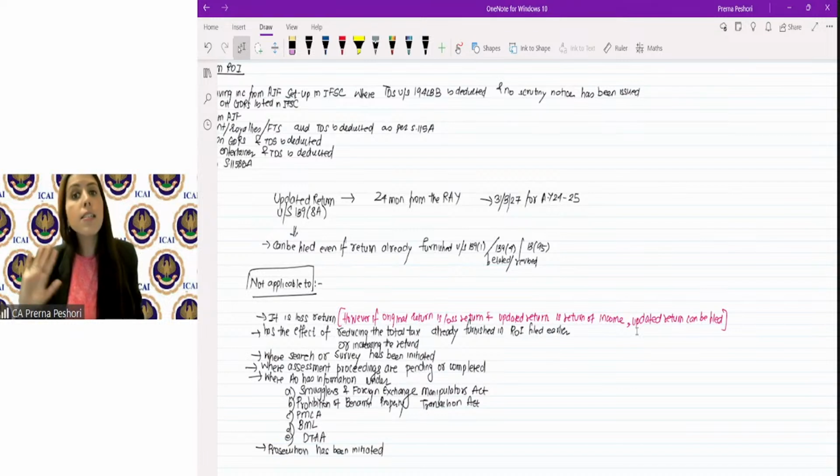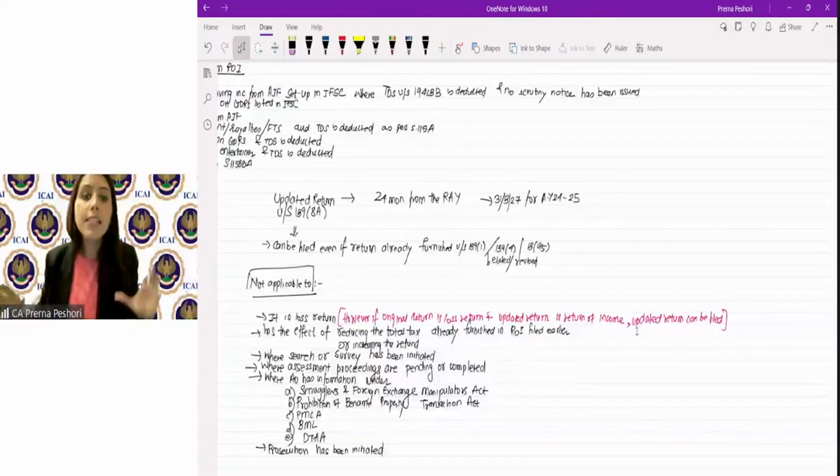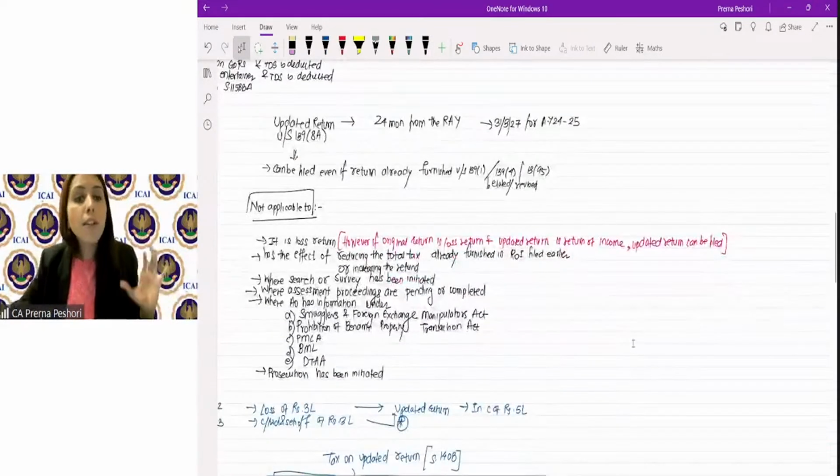Are we clear? Because the assessment has already been closed for that year. Or if it is pending also, you cannot file for that year. Or where the AO has information from different acts which results in a Benami transaction or under DTAA, or the prosecution has been initiated. In these cases, you cannot file the updated return.